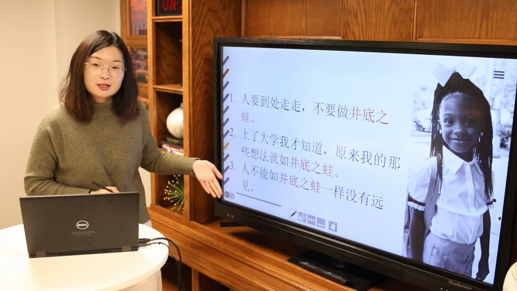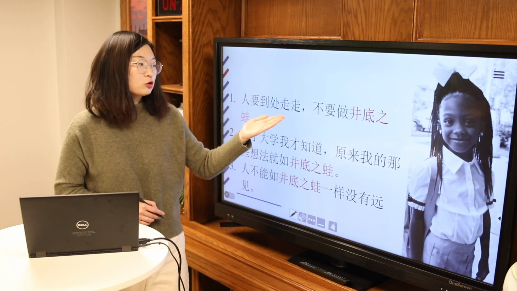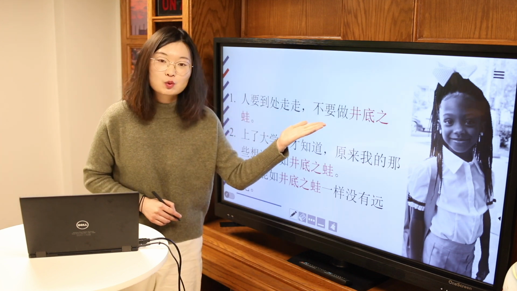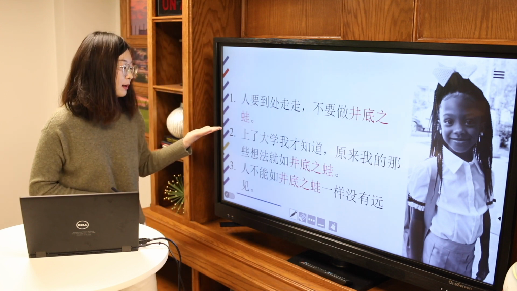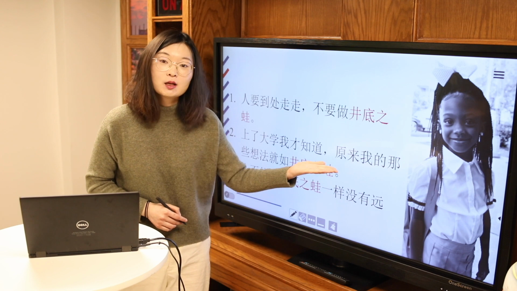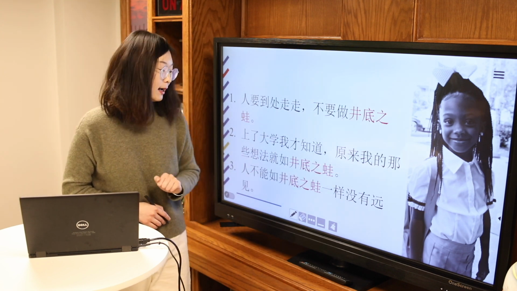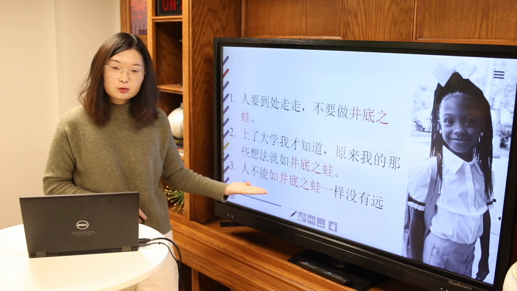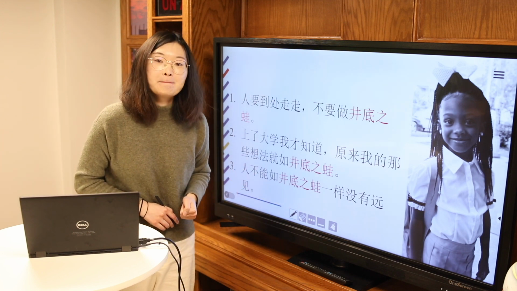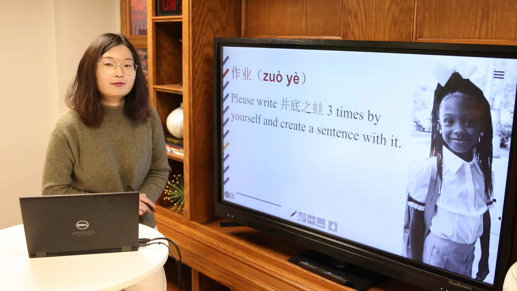Okay, so there are 3 examples of 井底之蛙. Okay, so this is the story of 井底之蛙.